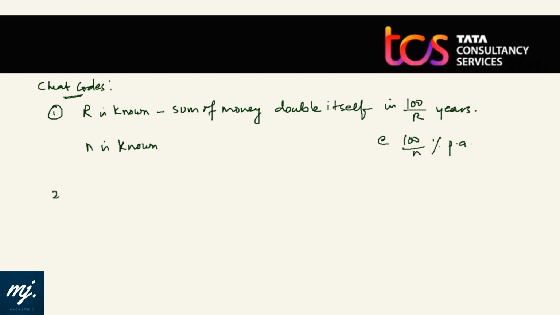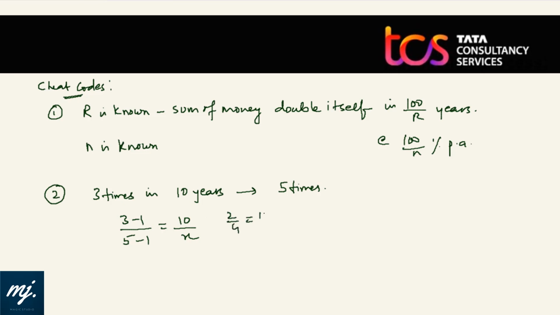Next type of regular question that we might see in simple interest is, suppose it is given that a sum of money becomes 3 times in 10 years. Then in how many years will it be 5 times? So it's simply (3 minus 1) by (5 minus 1) equals 10 by x. That is the simple cheat code that we use.